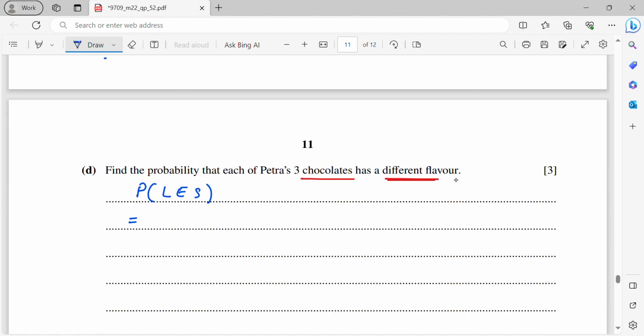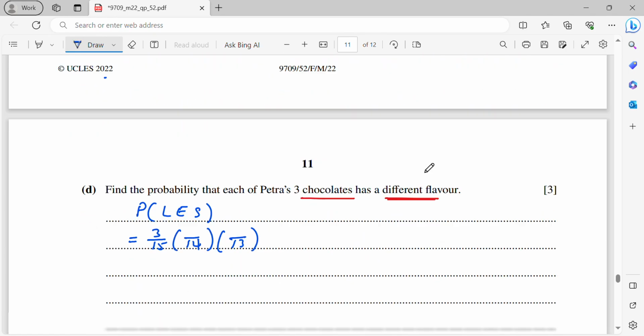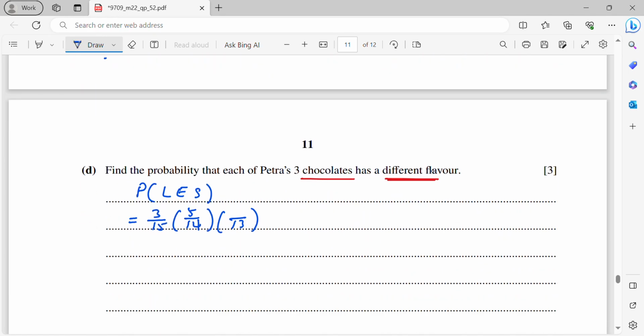At first 3 out of 15, then left 14, then left 13. Alright, so the E will be 5, the S will be 7.